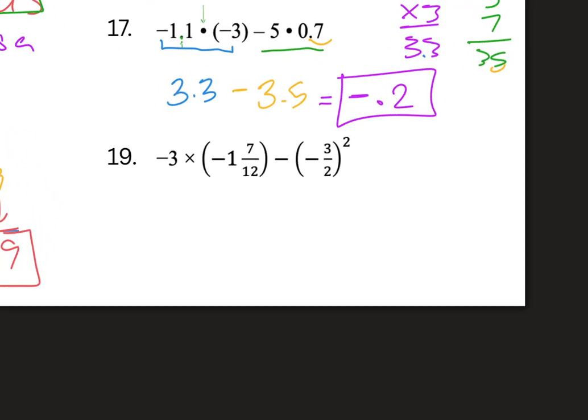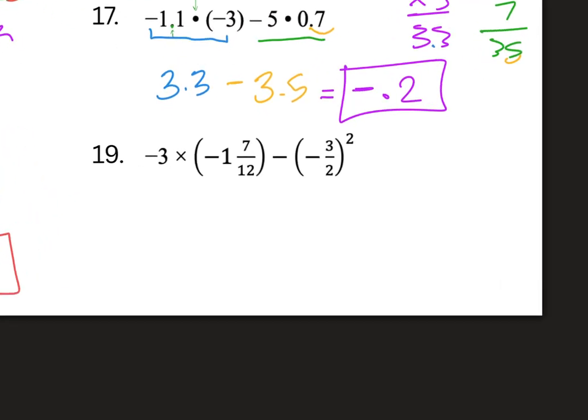Number 9, parentheses. I've got them, but I can't do what's inside of them. Exponents. Right here, that's -3/2 times -3/2. And why is it a negative times a negative? Because the negative is inside of the parentheses with the exponents on the outside. Negative 3 times negative 3 is 9. 2 times 2 is 4.